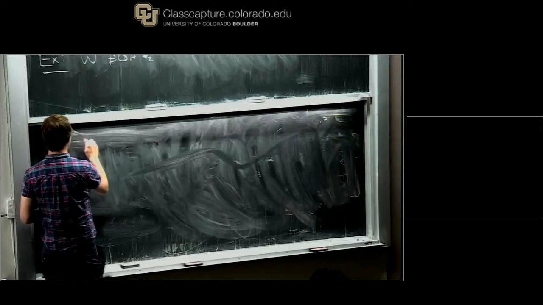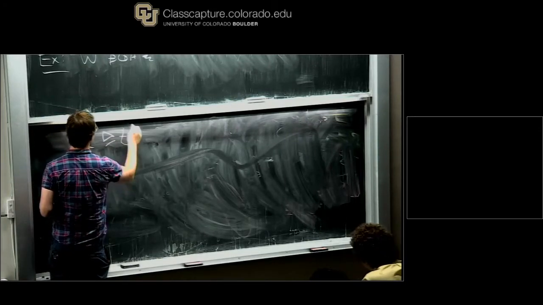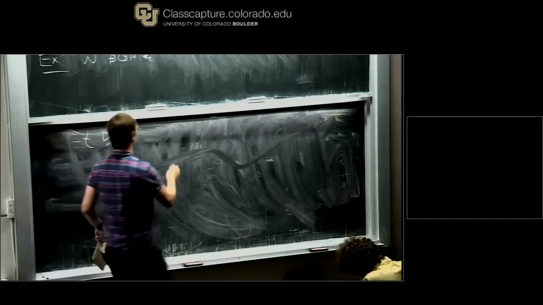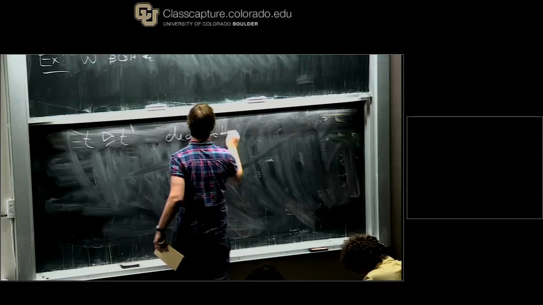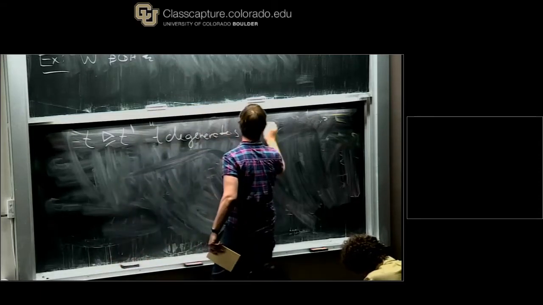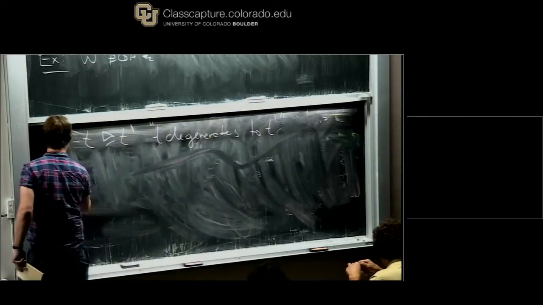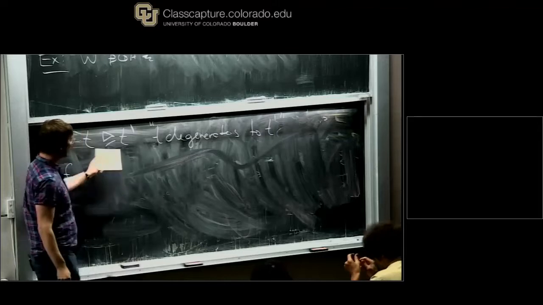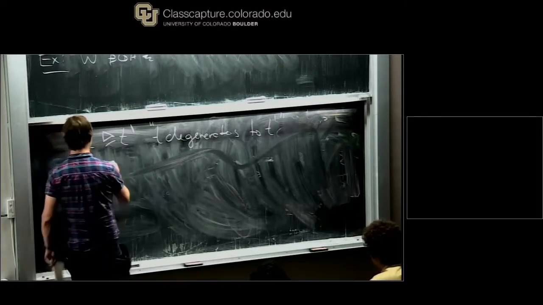So we'll say that T degenerates to T prime if I can approximate this T prime arbitrarily well.